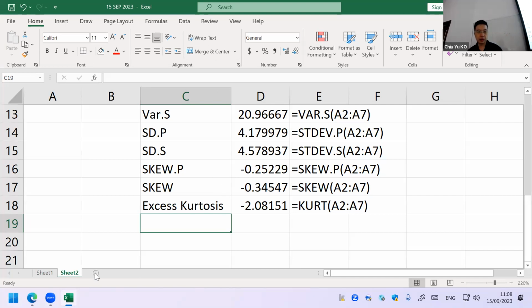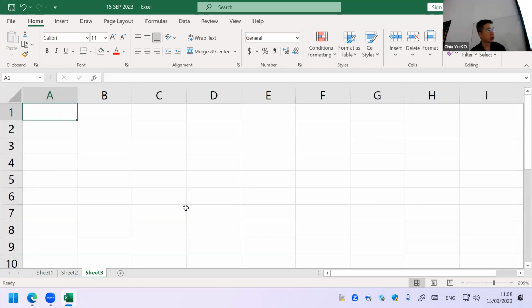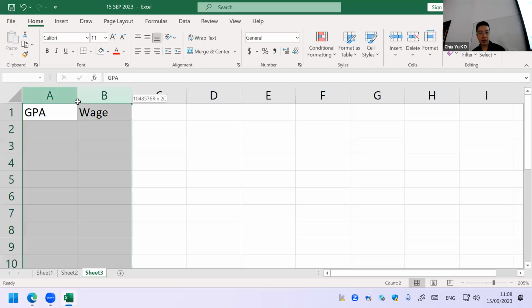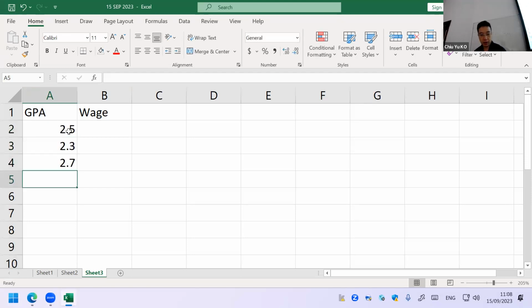It's talking about when the data is not a single measurement, but rather we have multiple measurements. So consider the following data. Column 1 is GPA, column 2 is wage. Say I make the example, we have someone who has 2.5, 2.7, 2.3, 2.7, 3.2, 3.5, 3.7, 3.4, something like that.